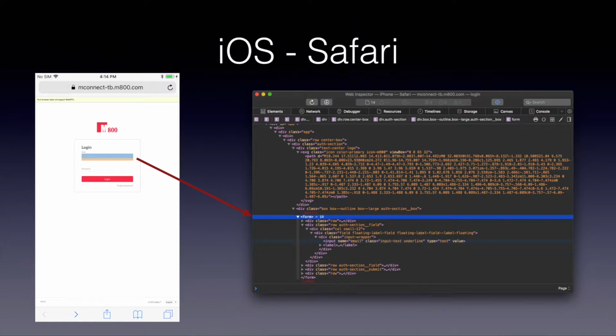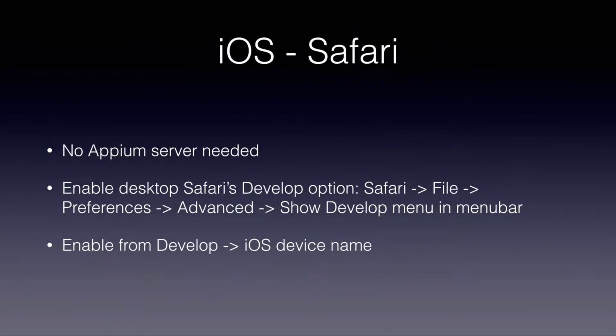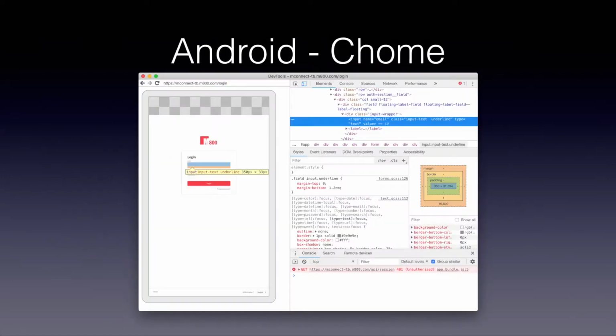For iOS, you can use the macOS Safari as the web inspector for the mobile Safari, and no Appium support is needed. You can enable the desktop Safari's develop option, and enable it from develop, iOS device name. We will show a demo later.